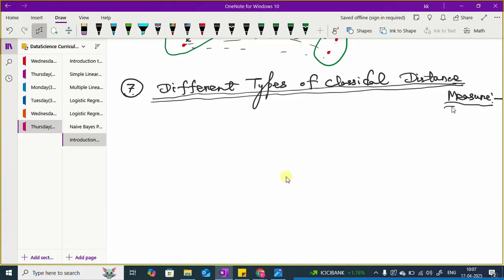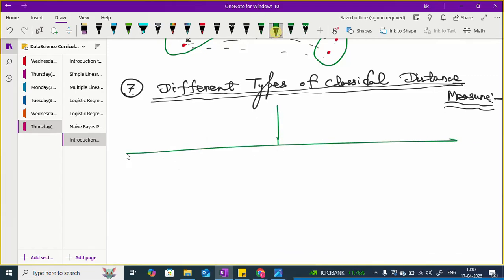Okay, guys, let me write it down. As you know, it's three types. One is Euclidean distance. Second one is Manhattan.